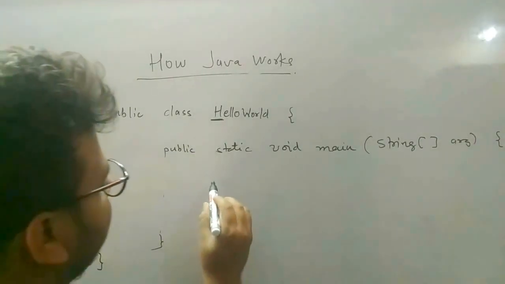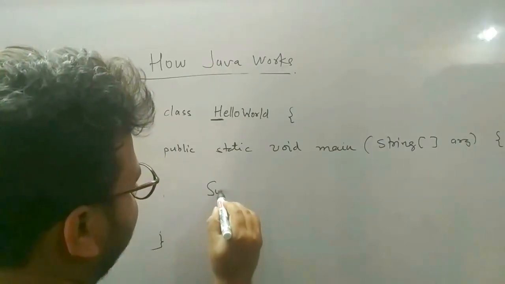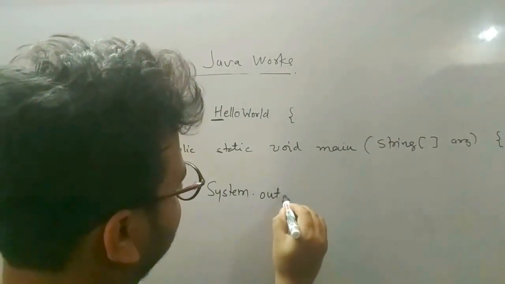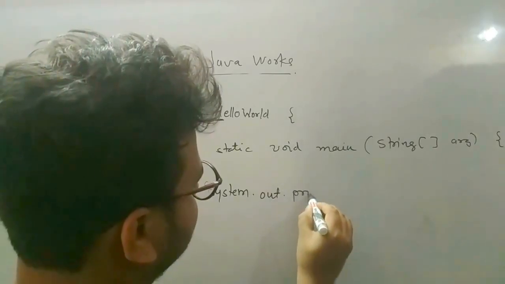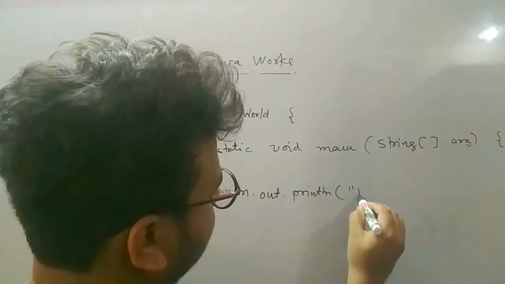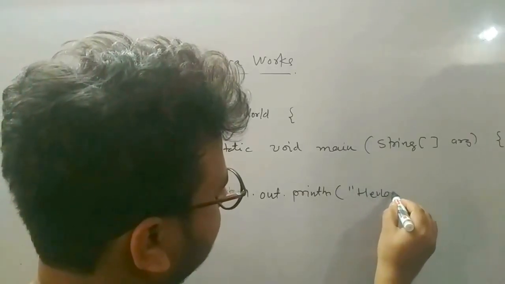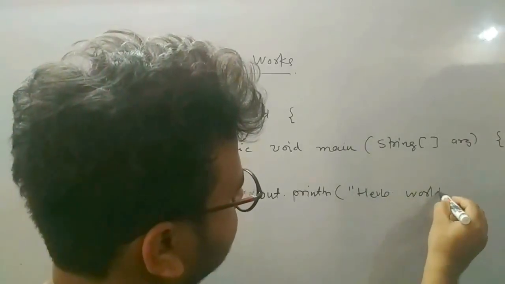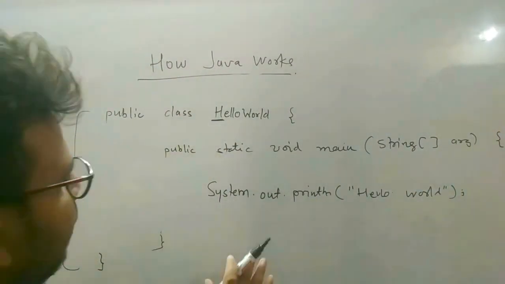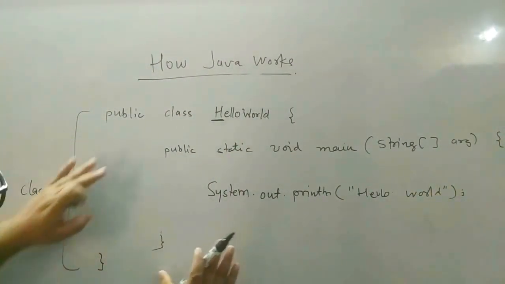Now inside it we have a very simple statement to print out hello: System.out.print, Hello world. So this is our simple source file.